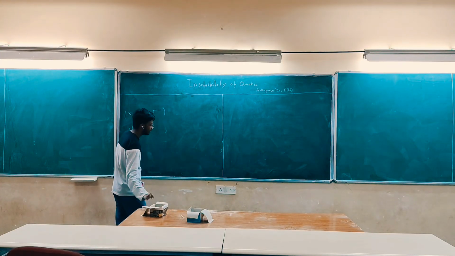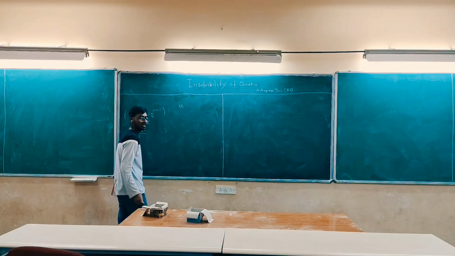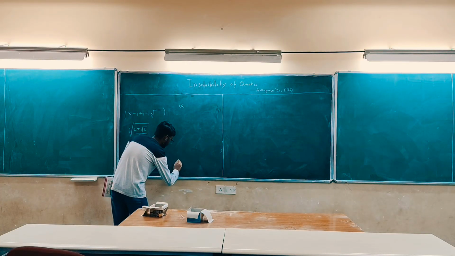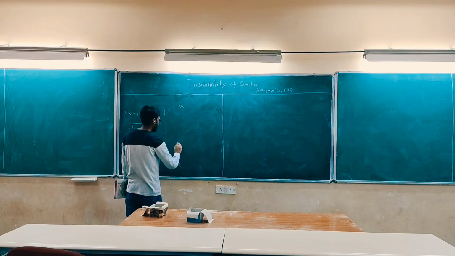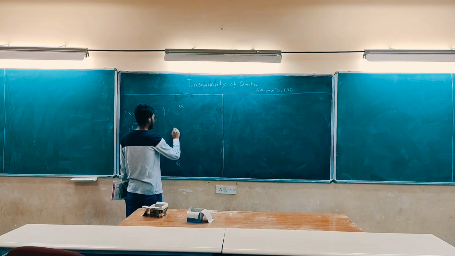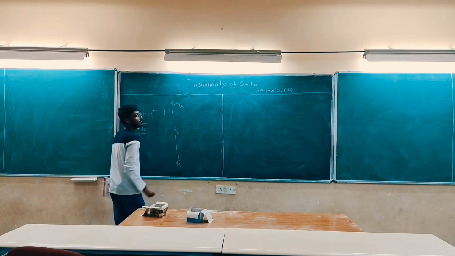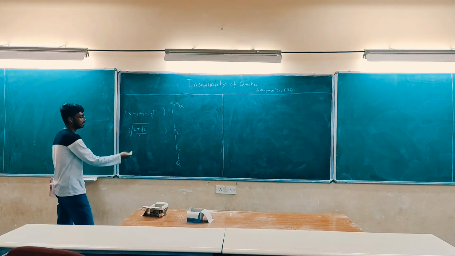If there is some element alpha which can be expressed in radicals, then I can build from Q a field K1, a field K2, up to Kr, such that alpha lies in this field, using such radical extensions.